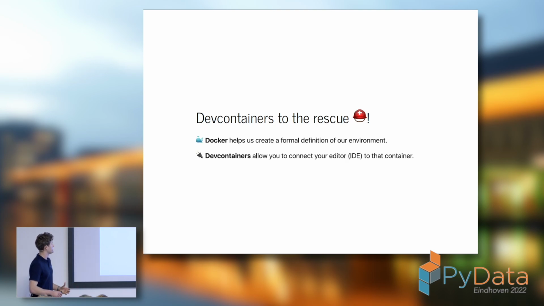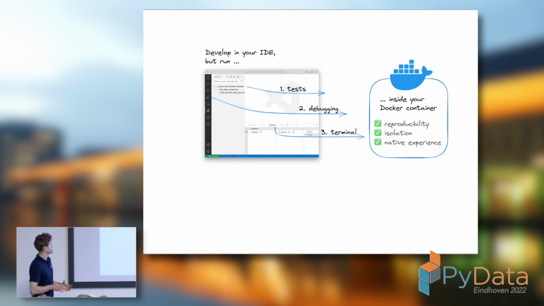All right, so about the Devcontainers. We know Docker helps us create a formal definition of our environment. And then Devcontainers allow you to connect your editor to that container. So how that basically looks is you have an editor, for example VS Code. And then every interaction that you make, for example running a test, doing debugging, or running commands in the terminal, actually runs inside the Docker container.